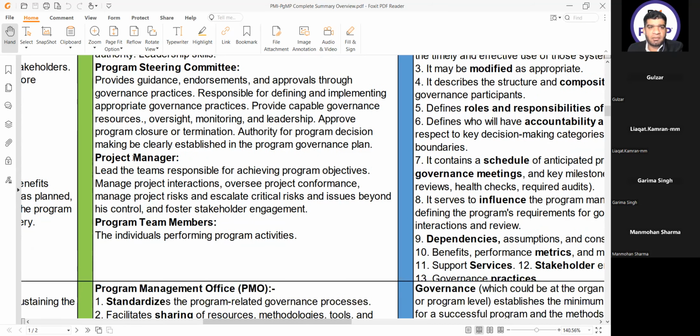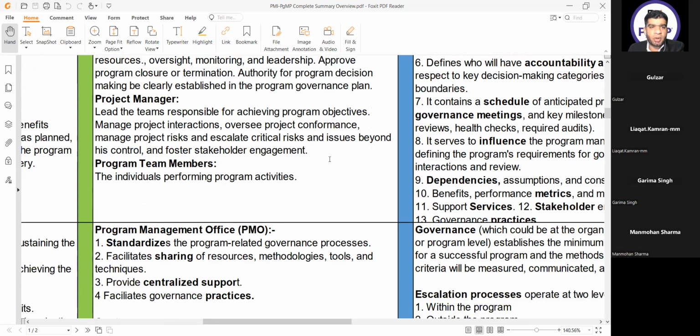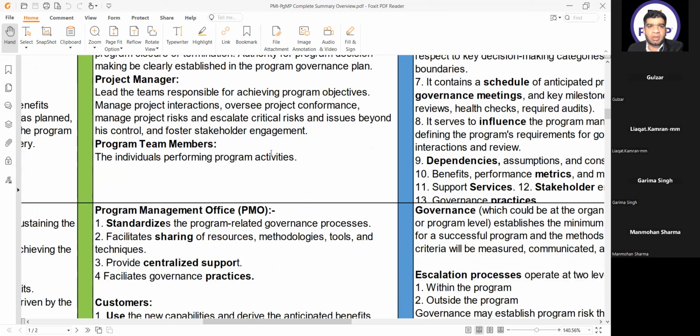Okay. Then we have project manager. He leads the teams responsible for achieving program objectives. He manages project interactions, oversees project conformance, manages project risk, escalates critical risks and issues beyond his control, and fosters stakeholder engagement.